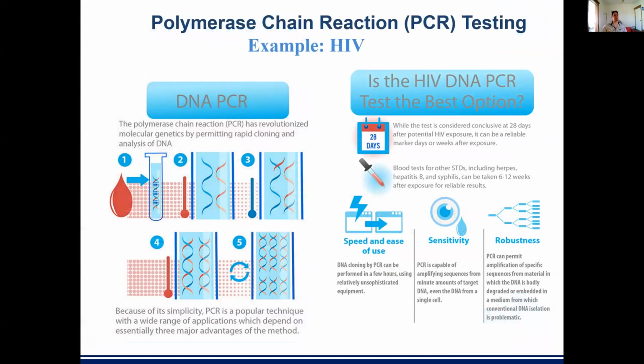Something that I'm just going to give you a brief description of, because we are running out of time here: polymerase chain reaction, PCR testing, really interesting stuff. It's actually something that I'm personally interested in doing quite a bit of work with. PCR is essentially a process by which specific portions of a sample DNA can be amplified almost indefinitely.